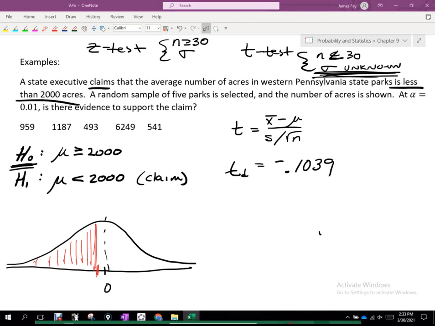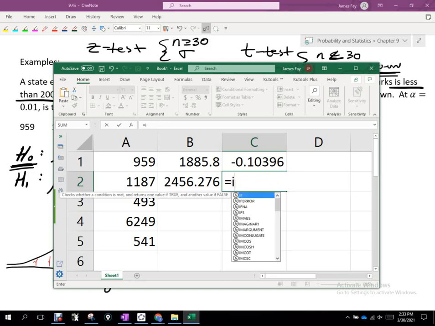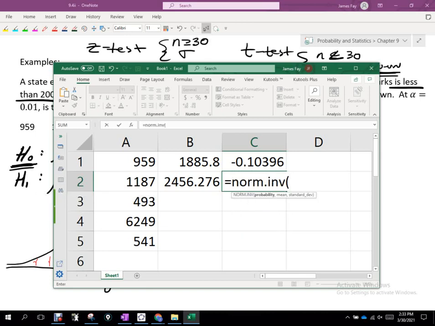It's one of these X's that Excel is asking for right here. I know it's hard to see from where you're at, but it tells me the conditions that I need to type in. I know that I don't have an area or a probability, because if I go norm.inv and do that, you see how it says probability right there in blue? I don't have that. That's what I'm looking for. So I know I've chosen the wrong command.